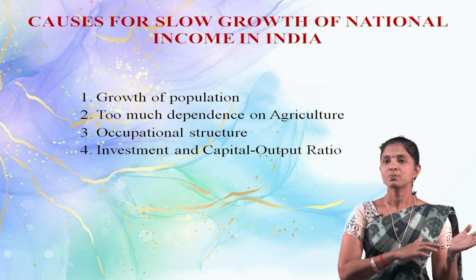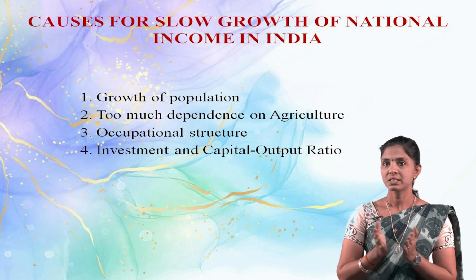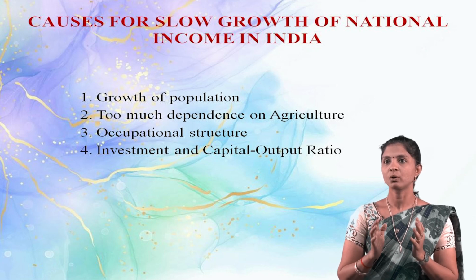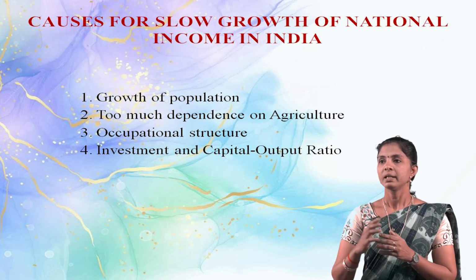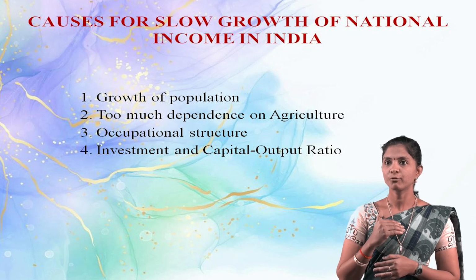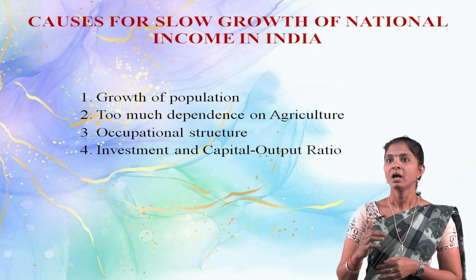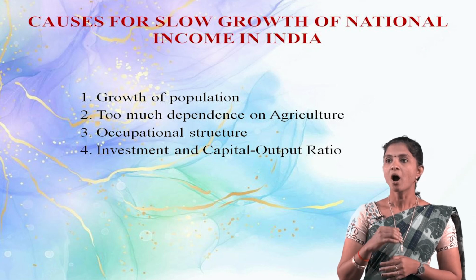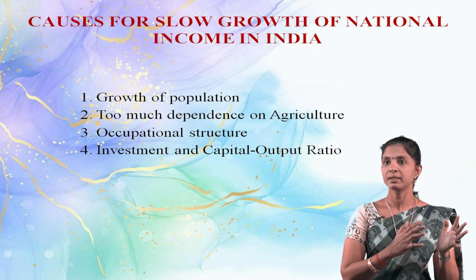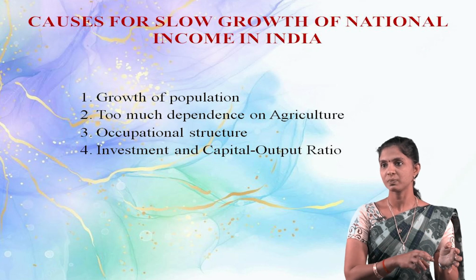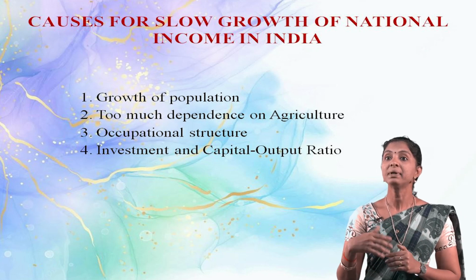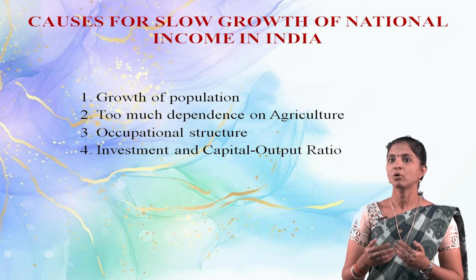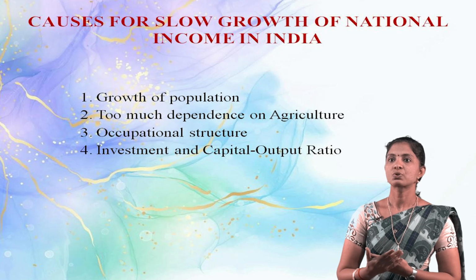Fourth one is investment and capital output ratio. The investment and capital output ratio in the economy decide the growth of national income. To achieve a higher rate of growth of national income, the rate of investment, that is how much of national income is set apart for investment in the economy for capital formation, has to be stepped up and the capital output ratio has to be reduced.